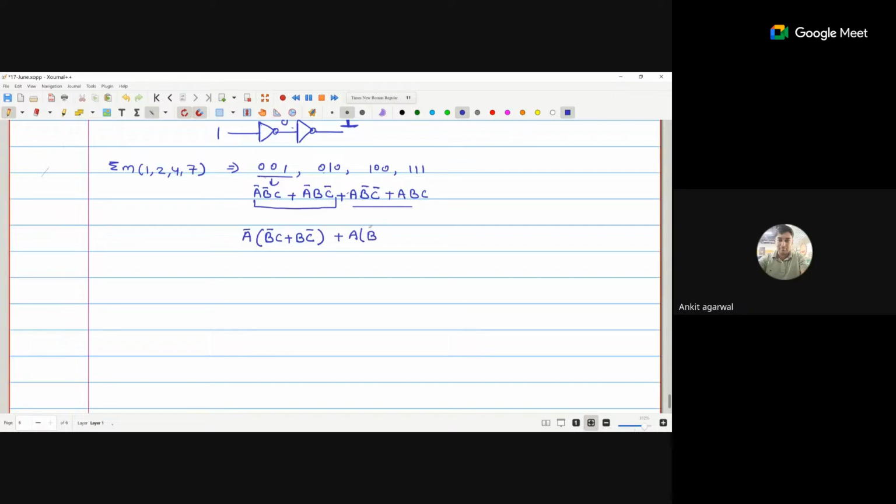So it is A times (B bar C bar plus B C). Now B bar C plus B C bar is the B XOR C, plus A times B XNOR C.